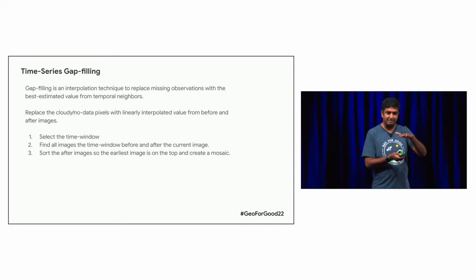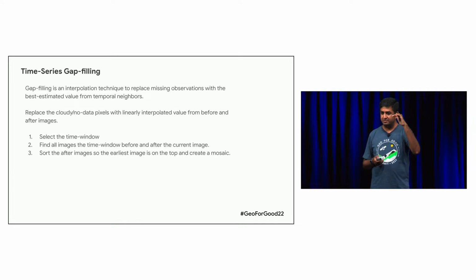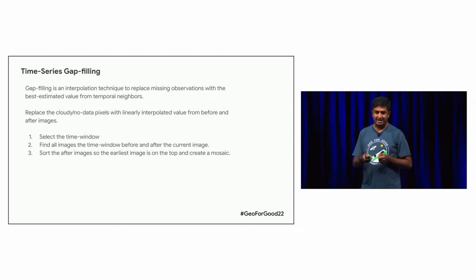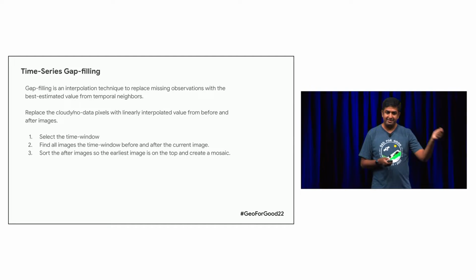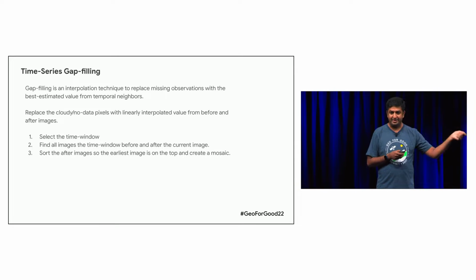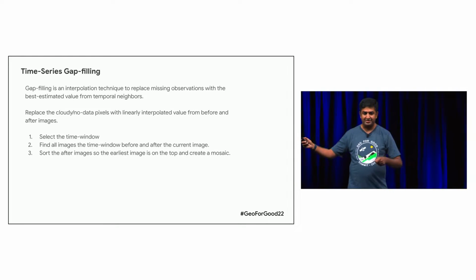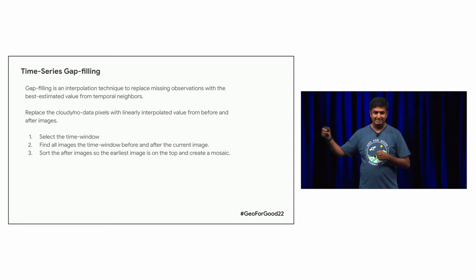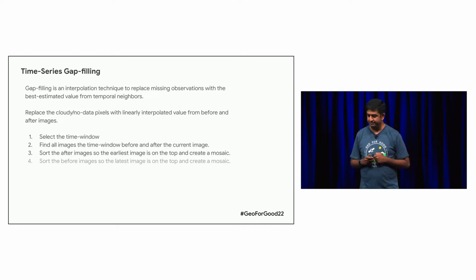The mosaic function will take the first unmasked pixel that it finds in the stack and creates an image. So if I have a cloudy pixel today, I go back 5 days, it's still cloudy, I go back 5 more days, and that's a cloudy pixel, I'll pick that. I go after and say, okay, in the next neighbor I have a cloud-free pixel, I'll pick that. So it's going to pick the first cloud-free pixel in your time series and use that.